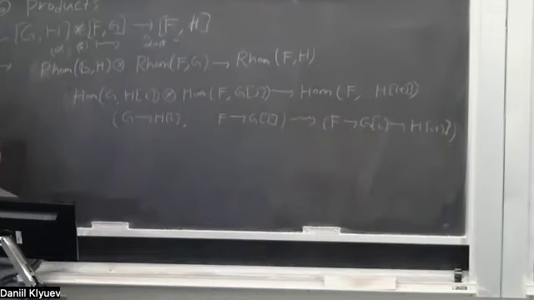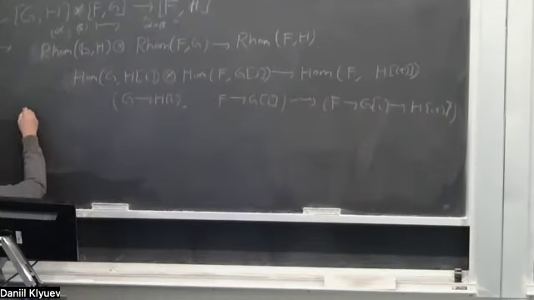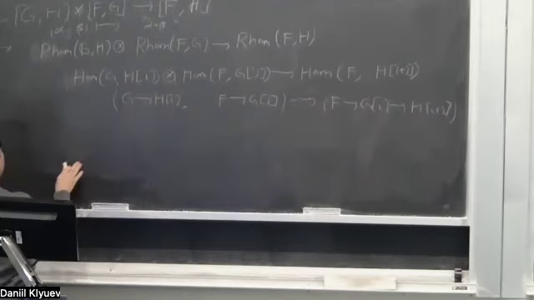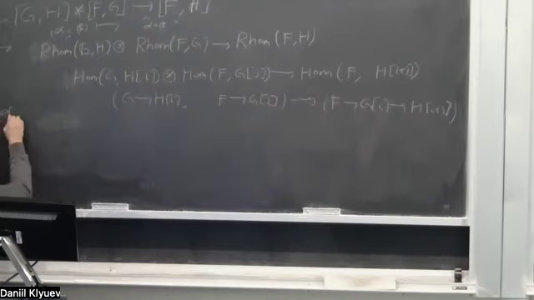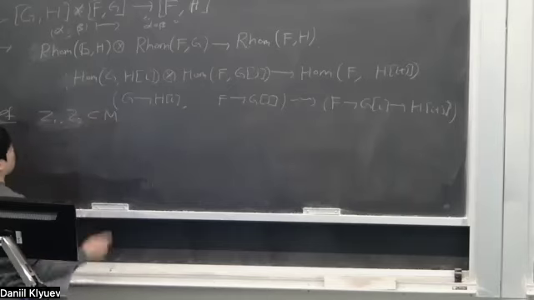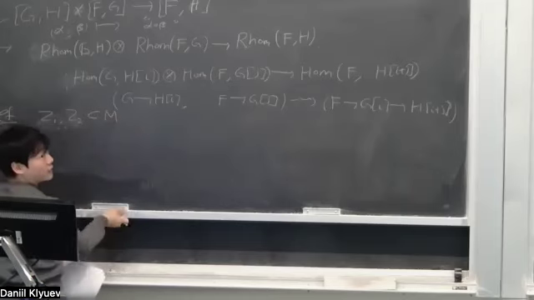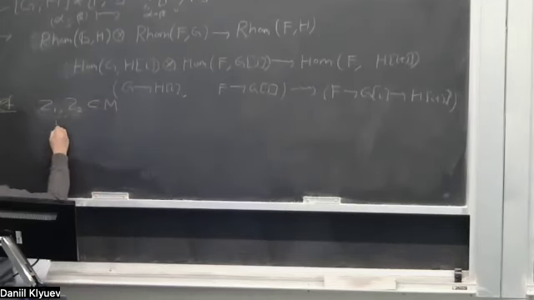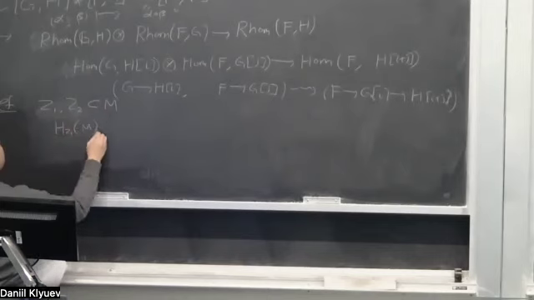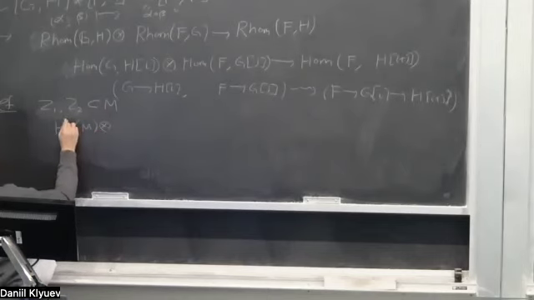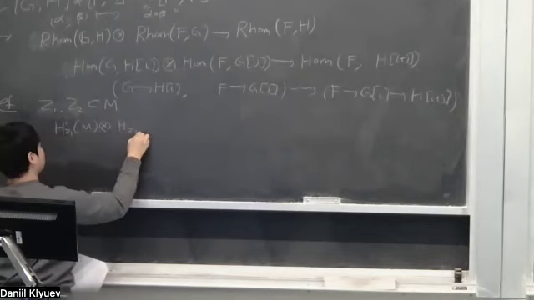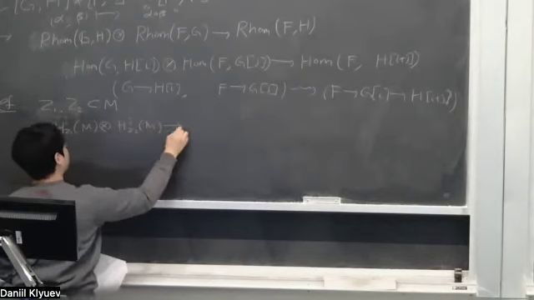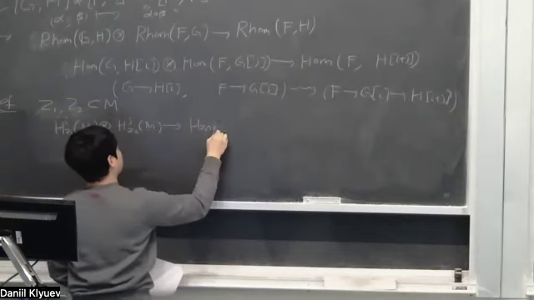And in this way, we can get the intersection product, or a cup product, in the following way. For Z1 and Z2 in a smooth orientable manifold M, we have H^i_Z1 tensor H^j_Z2 to H^(i+j) of Z1 intersection Z2.